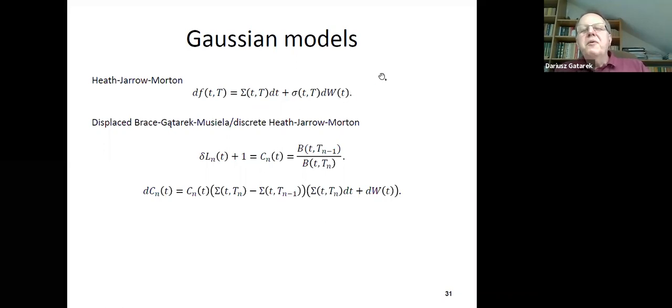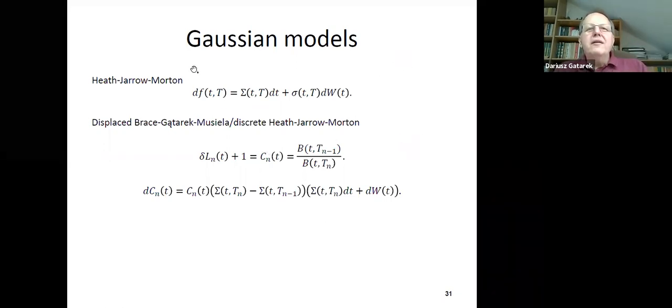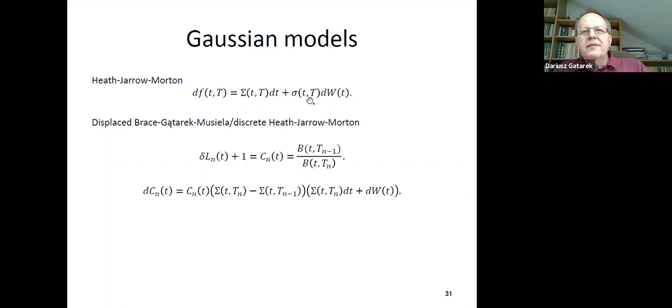But we may use various approaches developed during this lecture. It was rather complete, so I didn't omit too many important things. Okay, so the first approach is just take Heath-Jarrow-Morton. Put some deterministic function, sigma is volatility.